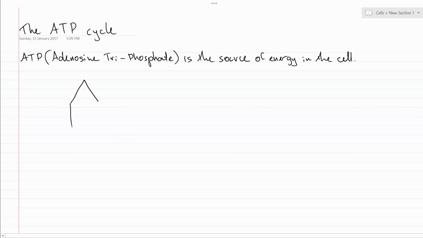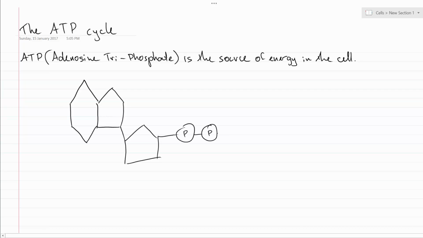If I try and draw a very rough kind of diagram of ATP, you'll see that there's three main components that make up this molecule and give it its name.